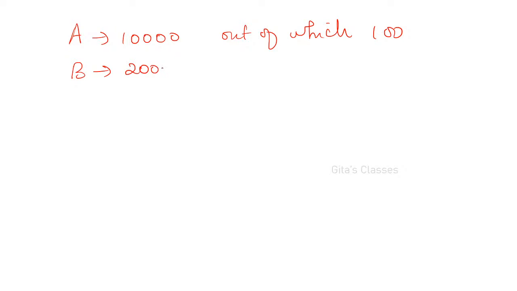First factory A is producing 10,000 clocks, out of which 100 are defective, and B is producing 20,000 clocks, out of which 300 are defective. Okay, understood? Yes, Nagalakshmi, P of A is 1 by 3, P of B is 2 by 3. Excellent, very good.